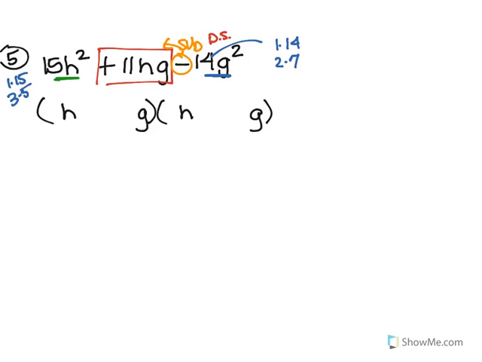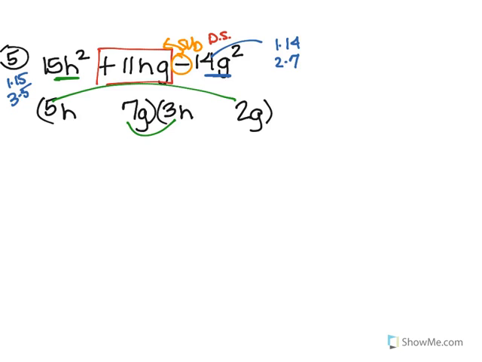So if we were to use 5 and 3 in the front, then we would use 2 and 7 in the back. And we're going to check to make sure that will give us an 11.